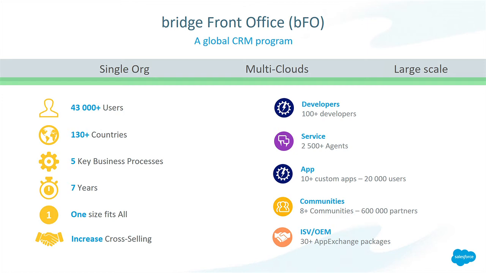We have a few custom applications as well, with about 20,000 users, and about 8+ communities, including customer communities and partner communities. We also use about 30+ AppExchange products, including ServiceMax and Marketo.